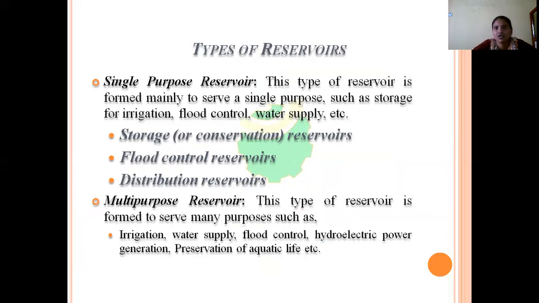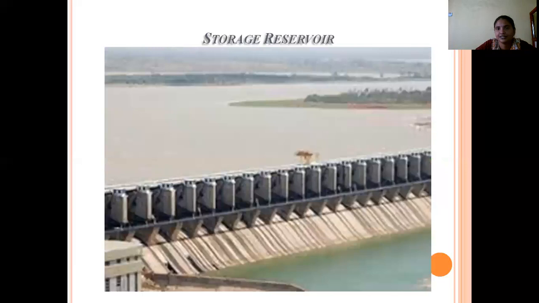Single purpose reservoir: this type of reservoir is formed mainly to serve a single purpose, such as storage for irrigation, flood control, water supply, etc. Multi-purpose reservoir: this type of reservoir is formed to serve many purposes, such as irrigation, water supply, flood control, hydroelectric power generation, preservation of aquatic life, like that.